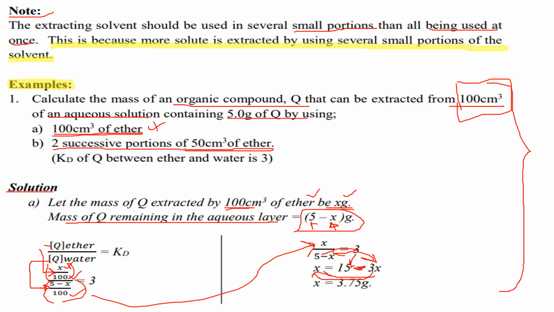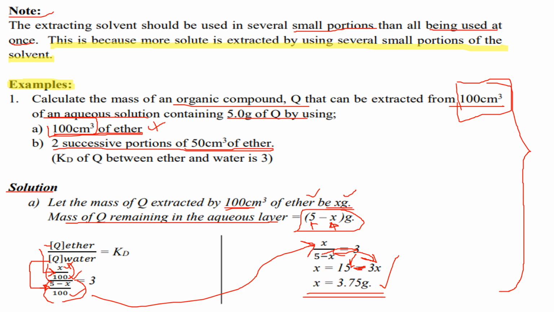Then if you divide 15 by 4, you are going to get 3.75 grams as your answer. So this is the amount of Cu that can be extracted when you use the whole volume of ether, which was given as 100 centimeters cubed of ether.